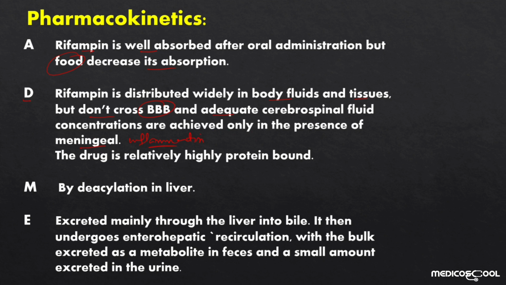It is highly bound to protein. Coming to metabolism, it is metabolized by deacetylation in the liver and excreted mainly through the bile. It then undergoes enterohepatic circulation, and the bulk of its metabolites are excreted in feces and a small amount is excreted in the urine.